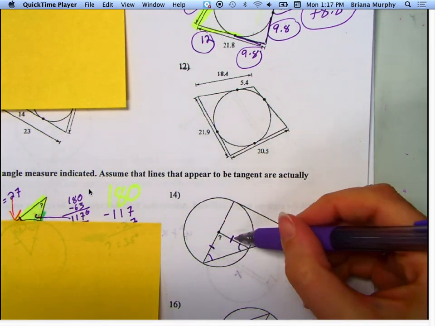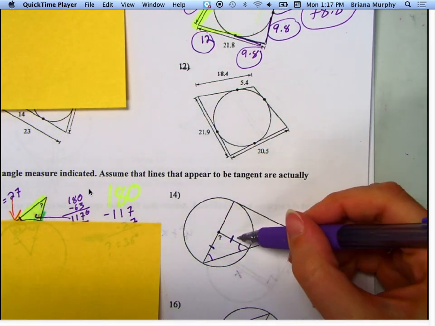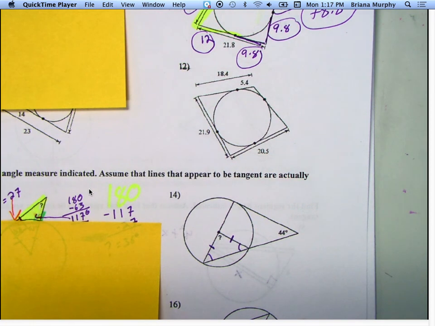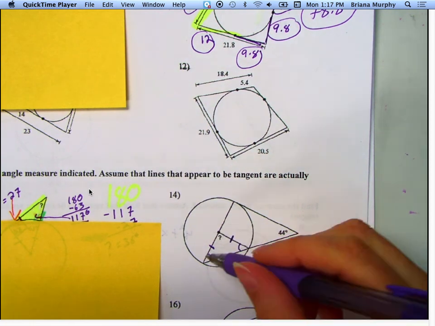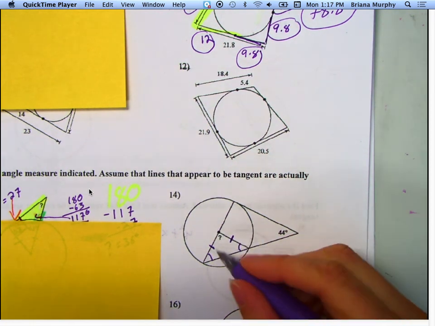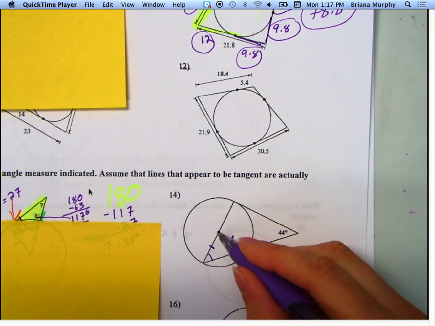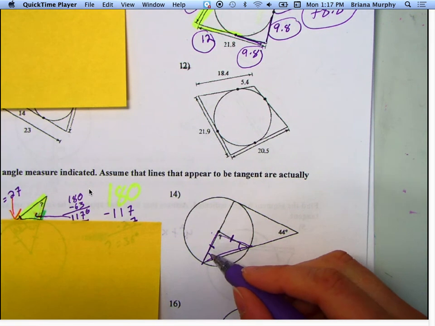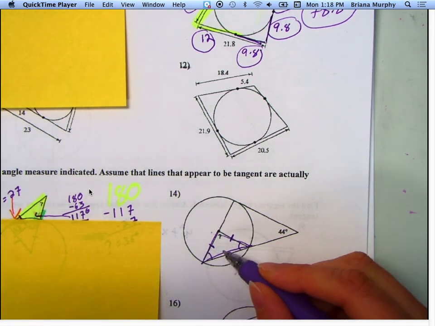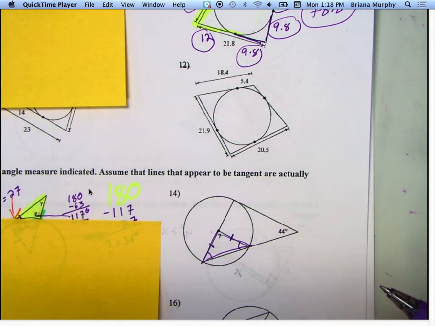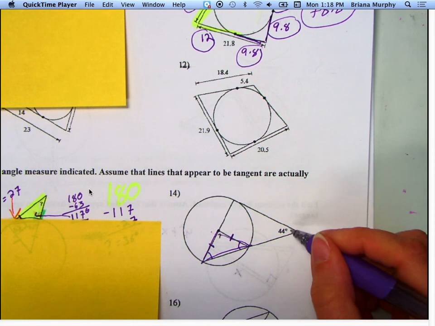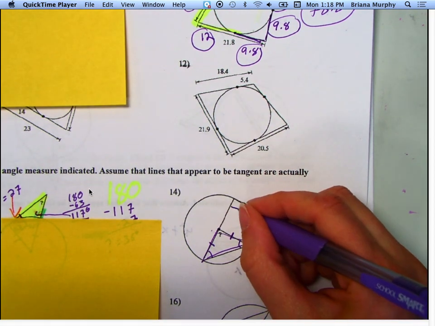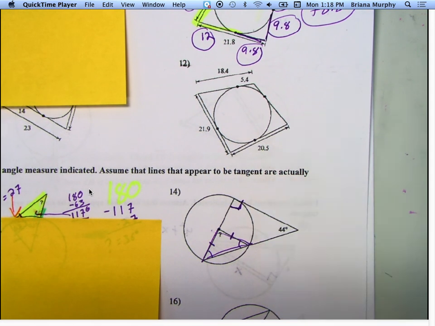These are both radii. So radii have to be equal, both of the radii are the same. So that's the base angle theorem for just this little triangle right here. Those two angles are congruent. So if I figure out these two angles and subtract from 180, I would find my missing angle. This is 44 right here. This is a tangent touching a radius, correct? So that's 90 degrees.